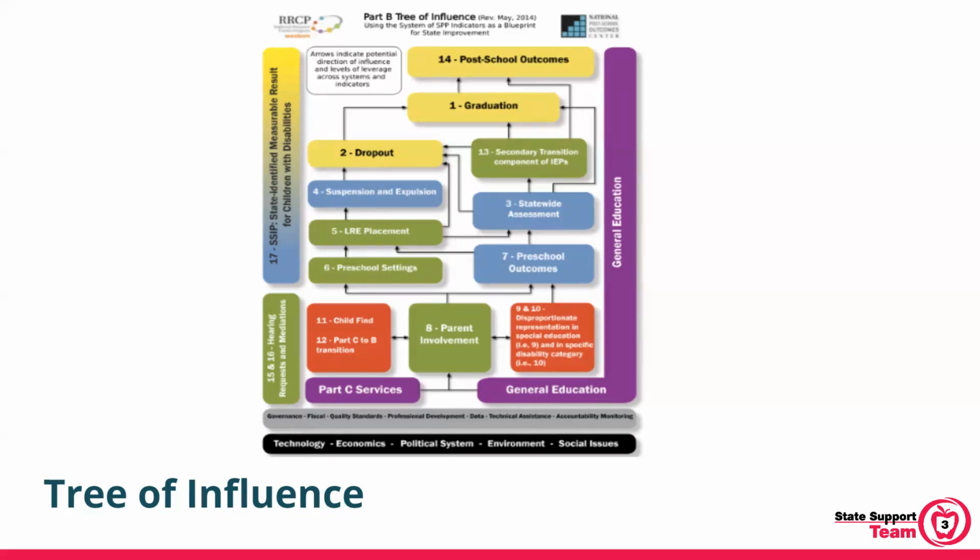So the tree of influence is a nice graphic to really help reinforce that none of these indicators live in isolation, that everything is interconnected. And with graduation being the culminating activity or outcome for students, all of these different indicators here really do have an impact and influence the graduation rate.